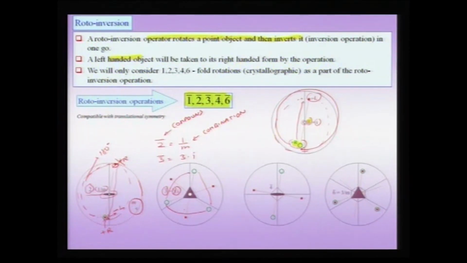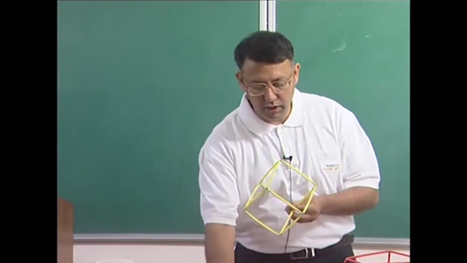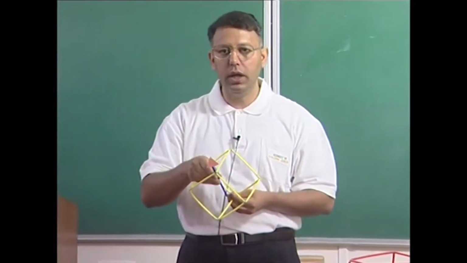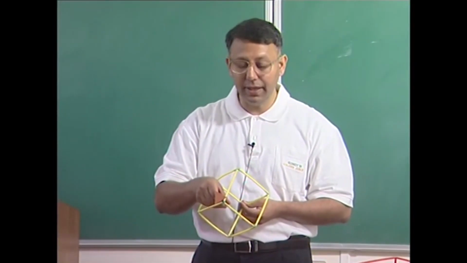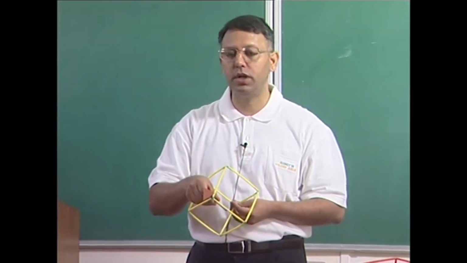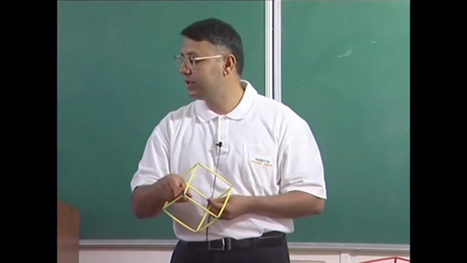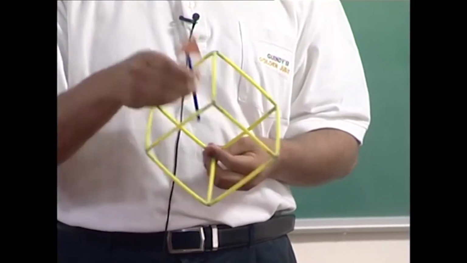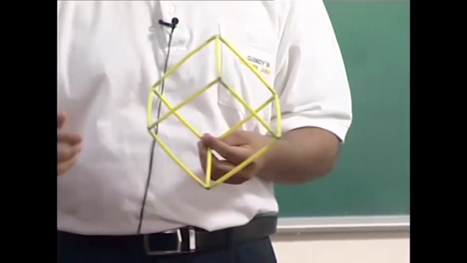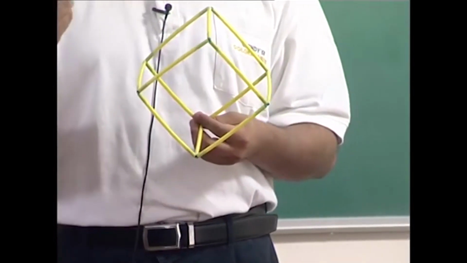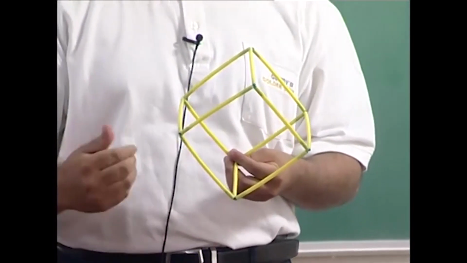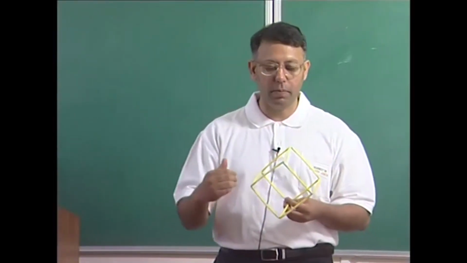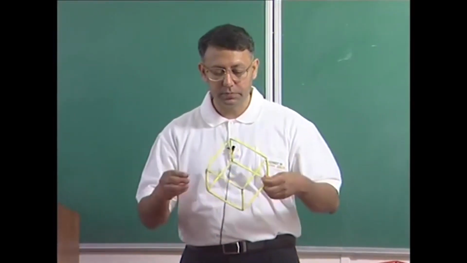So, I have a cube here, and originally I had pointed out that the body diagonal has a 3-fold symmetry, but actually it has a symmetry which is higher than the 3-fold, because a 3-fold symmetry generates only 3 points, while we have just now seen that the 3 bar roto inversion symmetry generates 6 points. Therefore, it is an operator having higher order as compared to a 3-fold rotation axis.